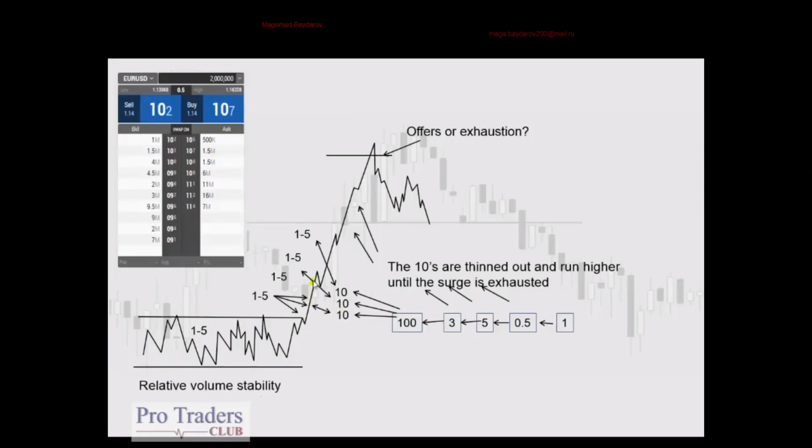So as price starts to move and we need to find liquidity, the algorithms in the financial institutions make an adjustment, and it's a very finite adjustment that creates an environment where the market needs to chase price effectively.